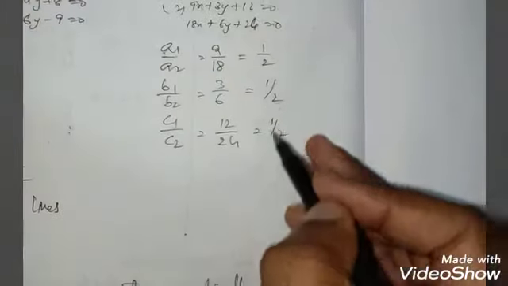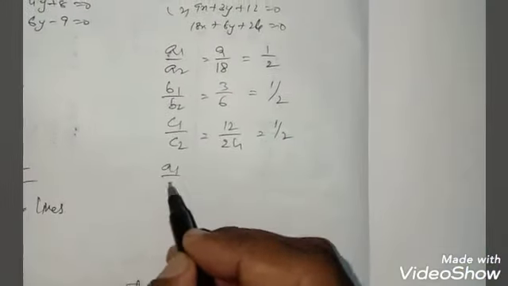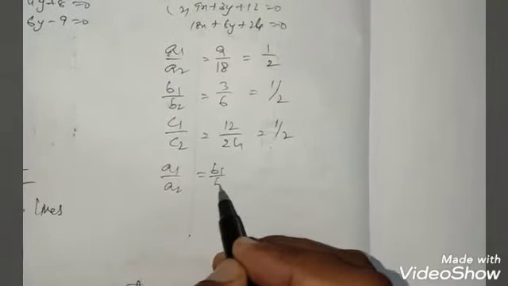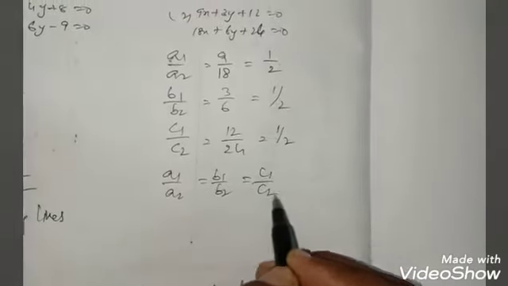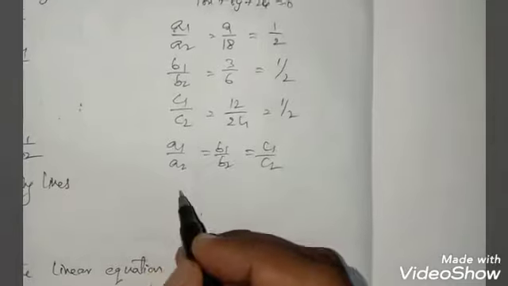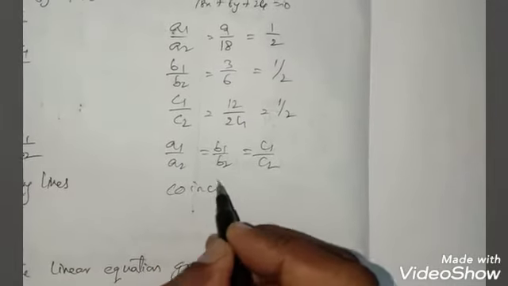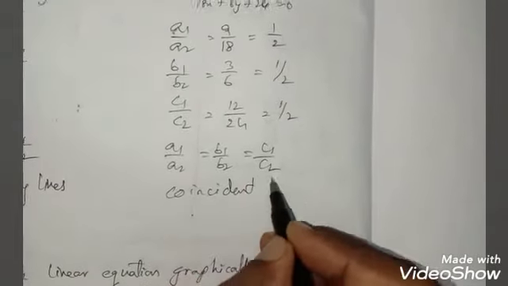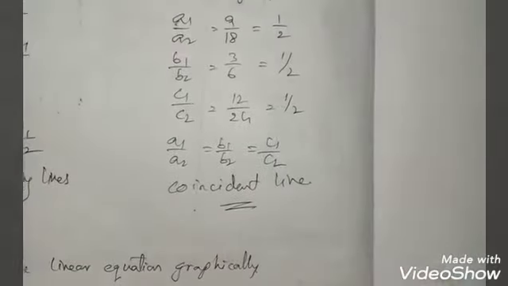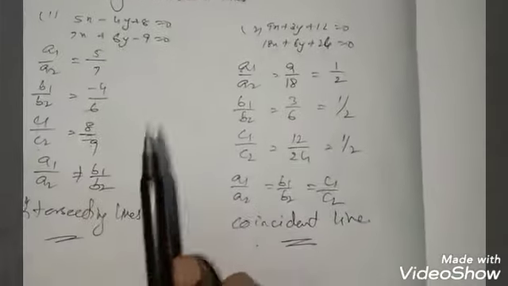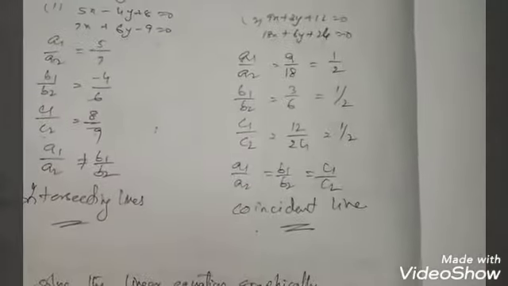So here all the ratios are equal, so I can say a1 by a2 is equal to b1 by b2 is equal to c1 by c2. So if all the ratios are equal, we can say it is a coincident line, right? So like this we are verifying whether the given equations are intersecting lines or parallel lines or coincident lines.